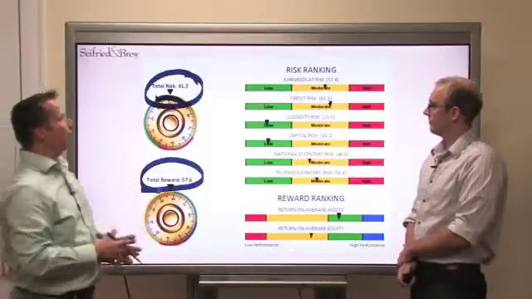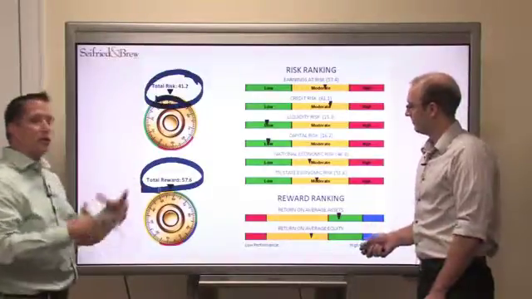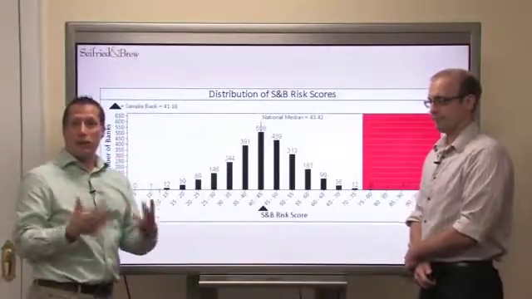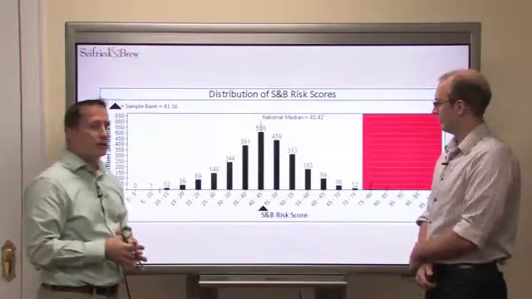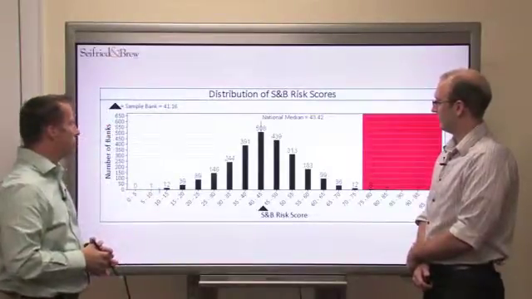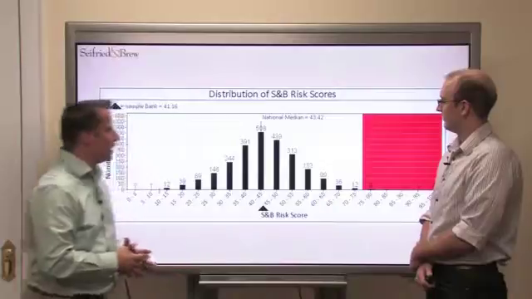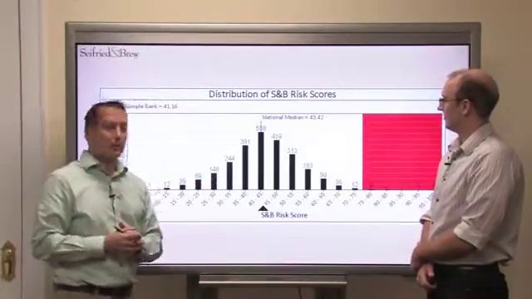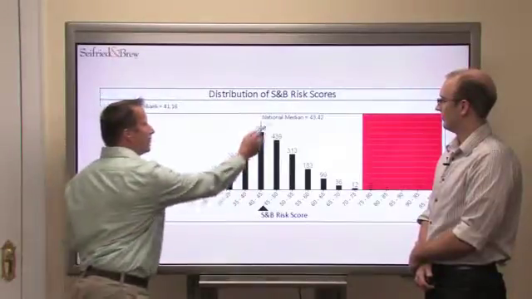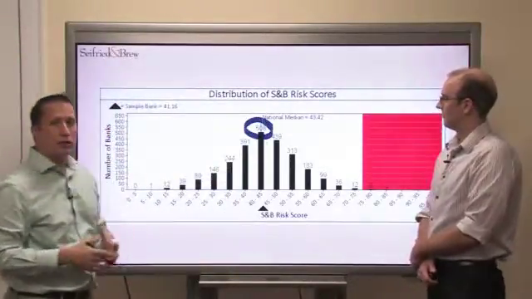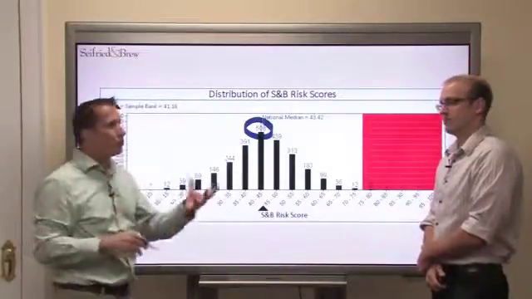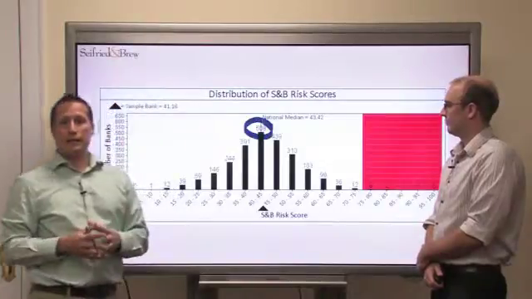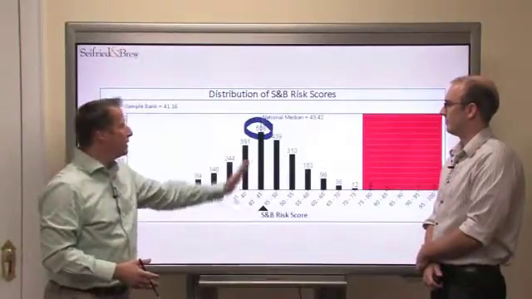When we look at the risk, we also want to focus on the distribution of that risk, because you can look at it in isolation by yourself or amongst the other institutions inside the benchmark group. You can see we have this distribution graph here, and it gives you an indication about where these banks are falling. 508 institutions, amongst the total of about 2,500 banks, fall between the 40 and 45th risk index, right inside that median level.